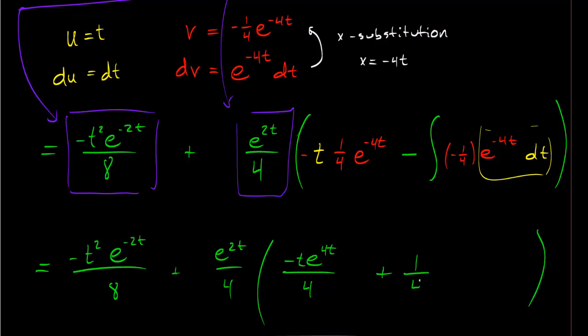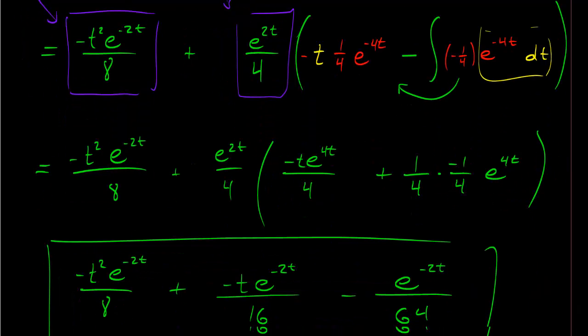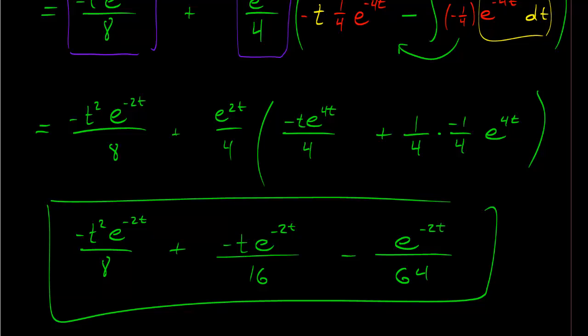There's 1/4 that can come outside of the integral, and the antiderivative of e to the negative 4t dt is negative 1/4 e to the negative 4t. This gets multiplied by negative 1 over 4 e to the 4t. So, if we multiply all that out and simplify, we're going to get this.